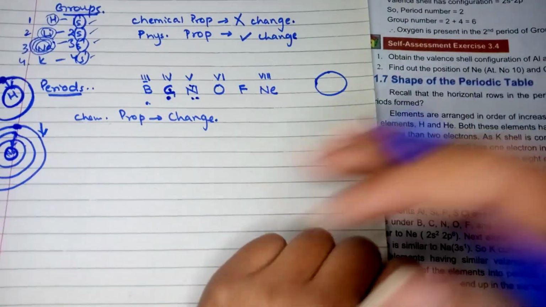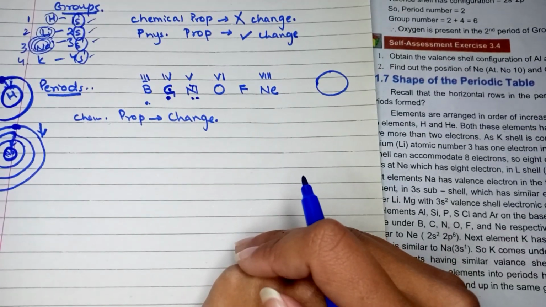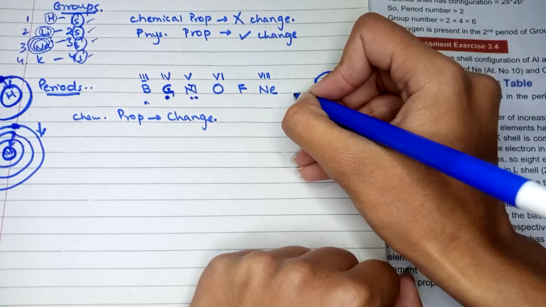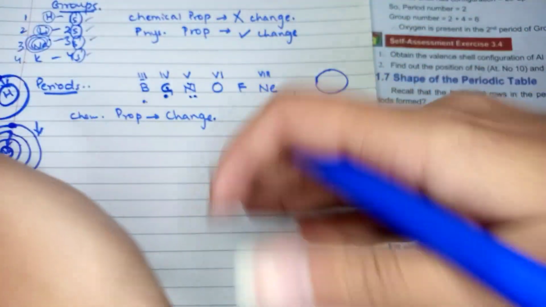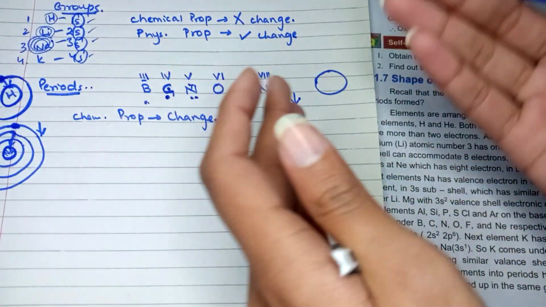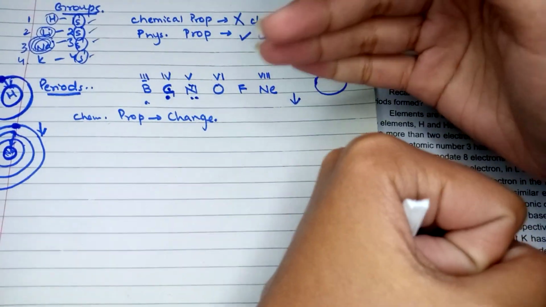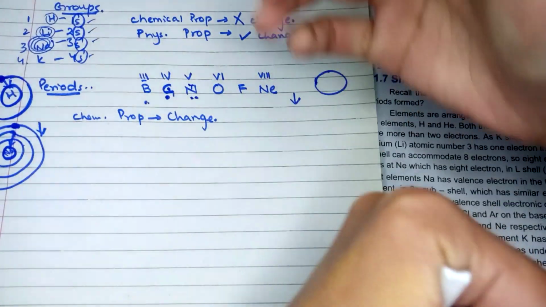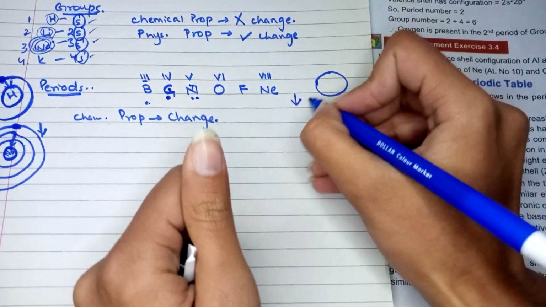So that is what would be occurring inside the period. As we are moving along a period, is the size increasing or decreasing? The size is actually decreasing. Why decreasing? Because the more we move towards the successive elements, the more the charge increases, and the more the attraction of the nucleus for the valence shell electrons increases. That is why it will attract them more towards itself, and that is why it would be reduced in size.